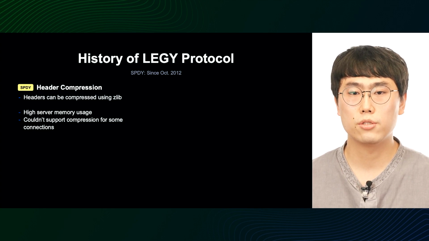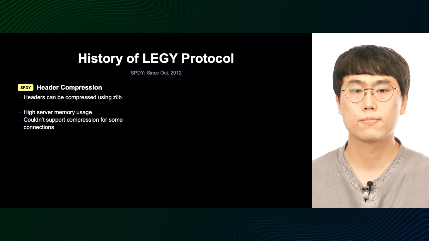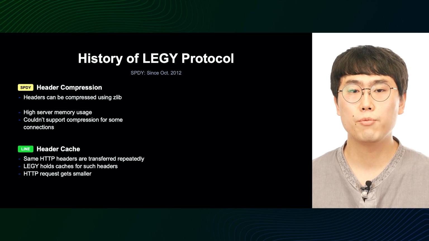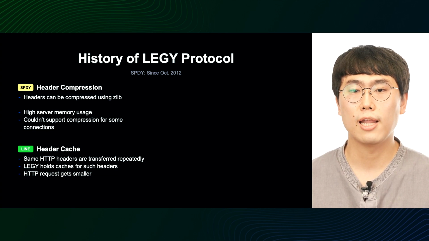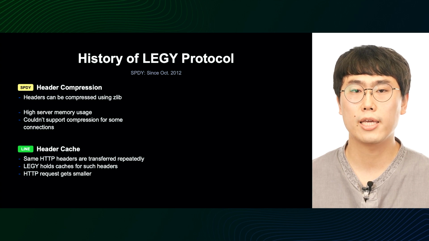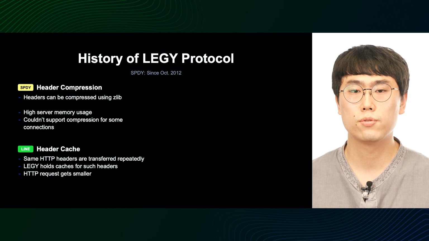In such a situation, LEGY couldn't support header compression correctly for some connections. Because many requests from a client are likely to have same HTTP headers repeatedly, and we know what they are, we decided to cache such repetitive headers in LEGY to reduce both network bandwidth and memory usage.